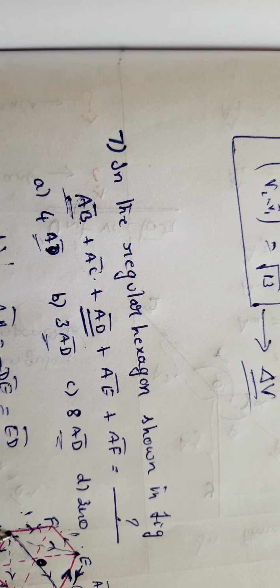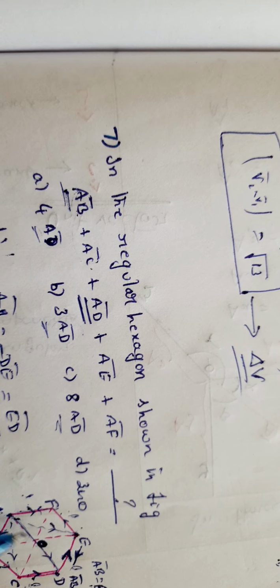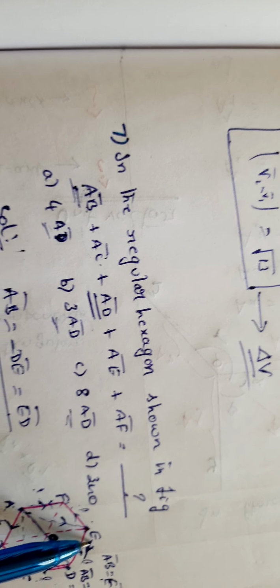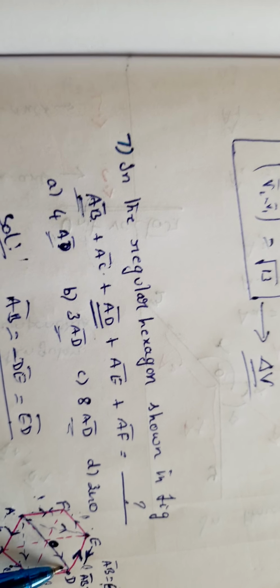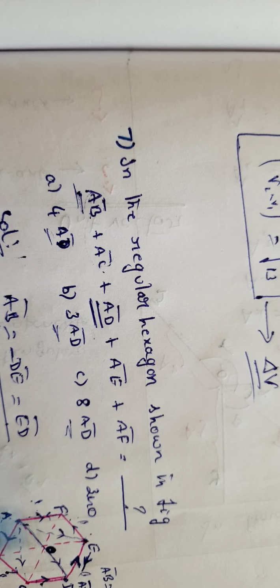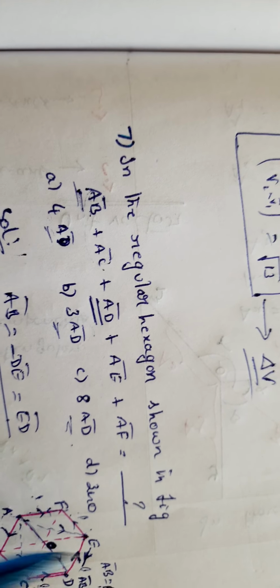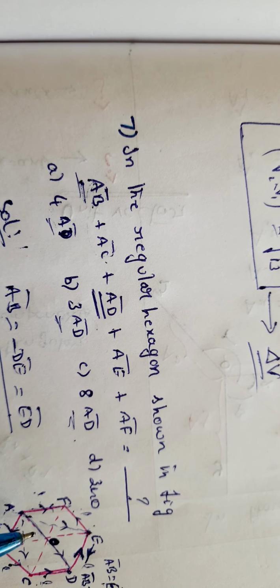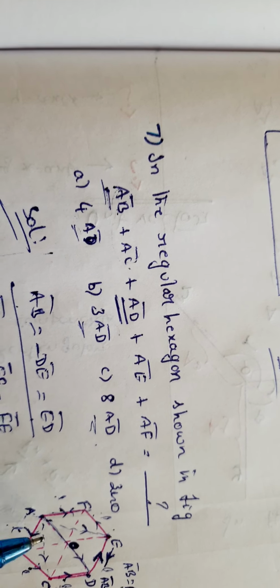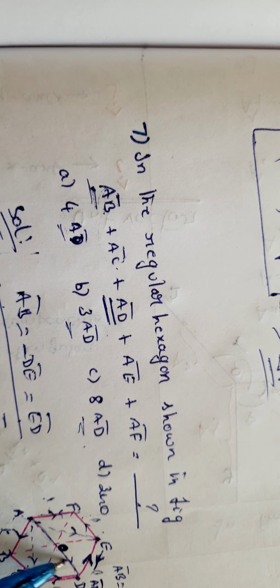Now observe this: AE bar plus ED bar gives you AD bar. Why am I converting everything into AD bar? Because in the options I can observe it is in AD bar. If any other thing is given to you, please take care that you convert the remaining all in terms of the given option value. Now here I want everything to be in AD bar.